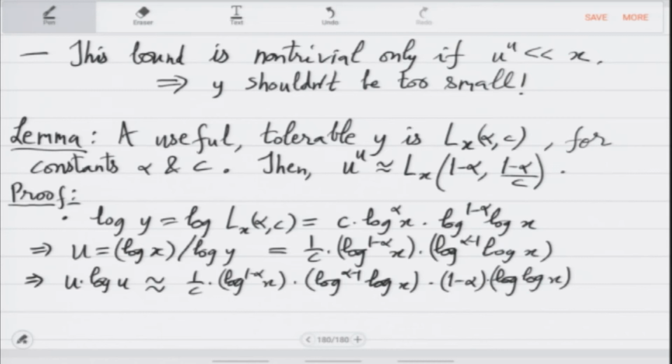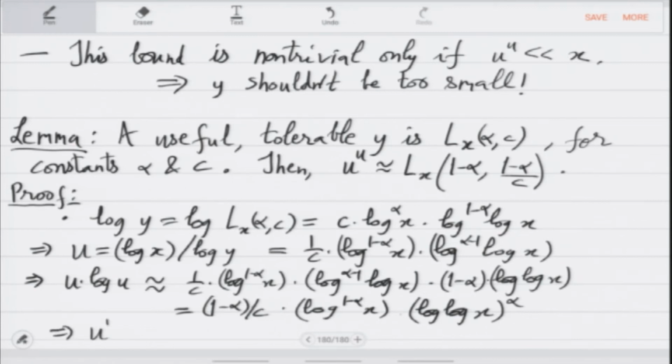And then you will notice that this is coming out to be (1 minus alpha)/c times (log x)^(1 minus alpha) in the exponent, and then you have (log x)^alpha.